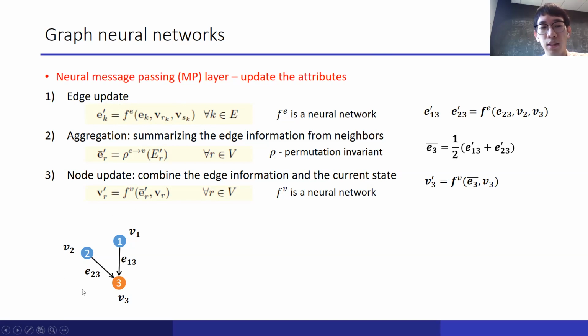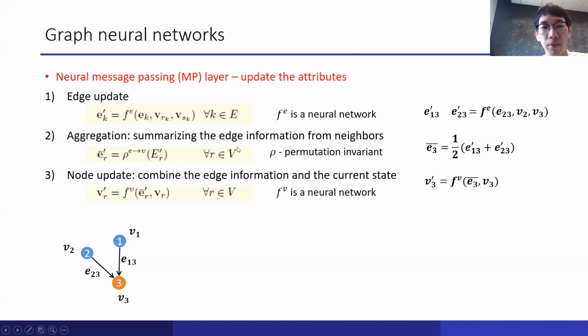So taking this as an example, there are 2 edges in this graph, and after the first step, we have the updated edge attributes, E prime here. And here, E23 prime is computed by this.